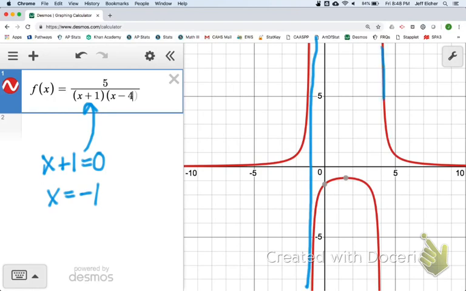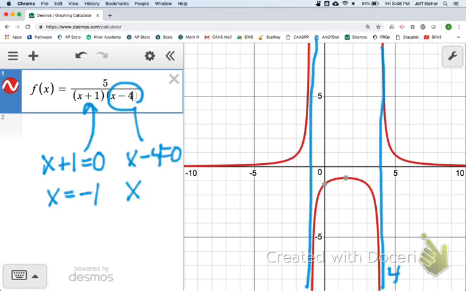It also has a vertical asymptote at x equals 4, and I hope that's not a surprise, since this function is undefined when x equals 4. We also have a horizontal asymptote at y equals 0, HA, horizontal asymptote.